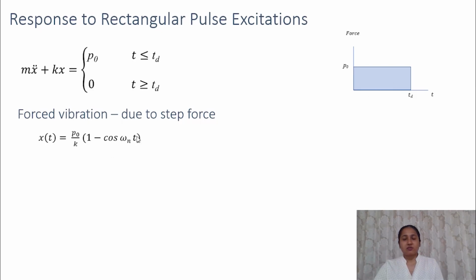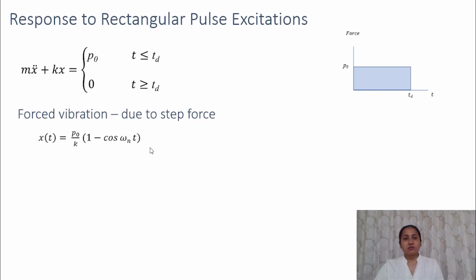The same expression is valid when t is less than Td, because during the pulse, a step force is acting on the system. So the response is the same as for a step force with magnitude P naught, and it is x of t equals P naught by k times 1 minus cos omega n t. We are considering an undamped system. There is no damping in the system.